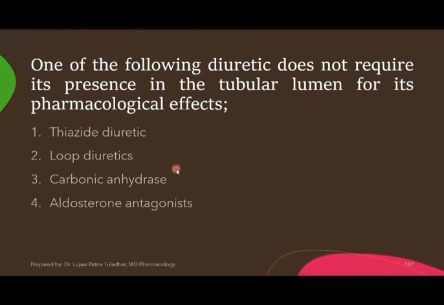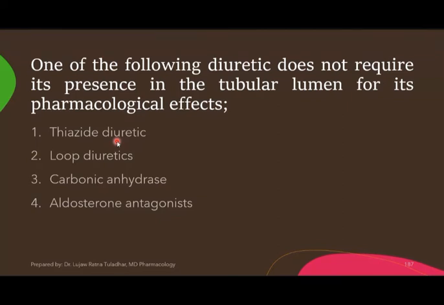Okay, if you see these three options, thiazide, loop diuretics, as well as carbonic anhydrase inhibitors, all of these drugs need to be secreted into the tubular lumen. The secretion is via an ion transporter, which is the same transporter that is required for secretion of uric acid in the urine.